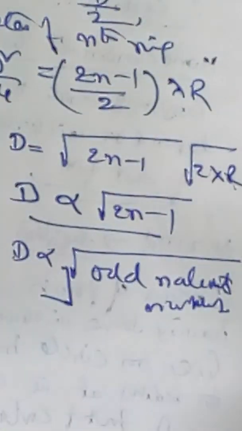So from this we can conclude that d is proportional to square root of odd natural numbers, the diameter in the case of a bright fringe.